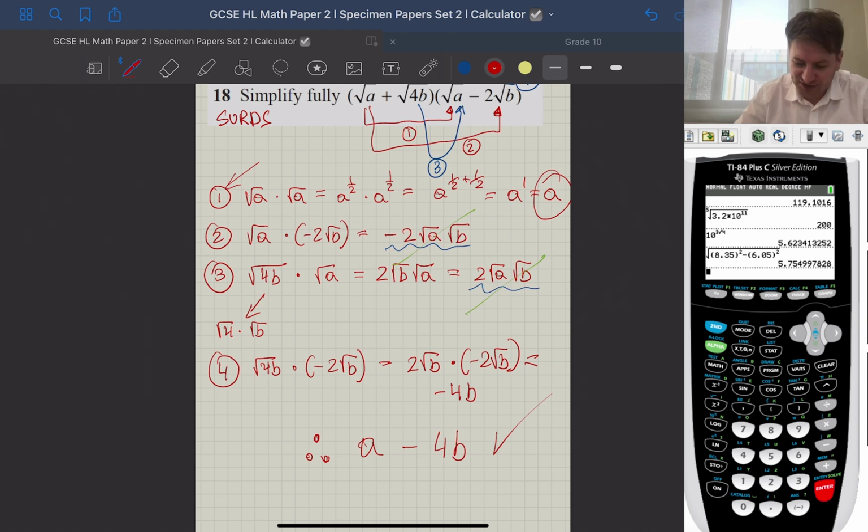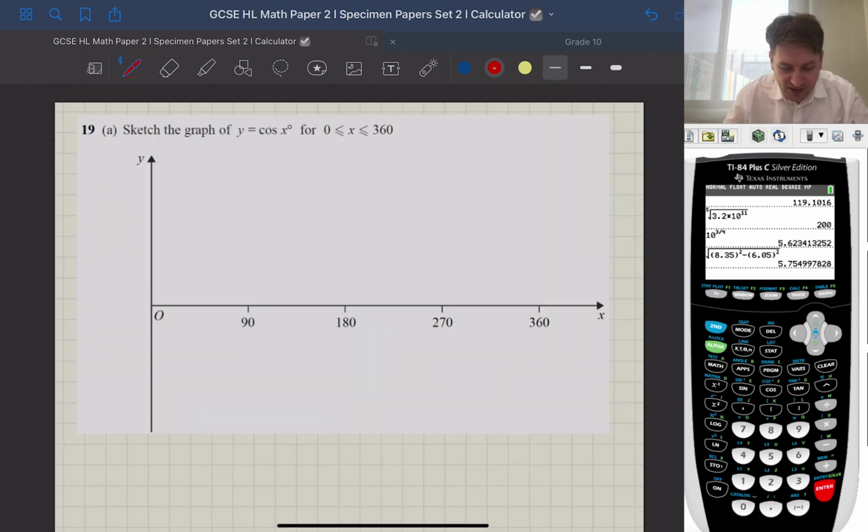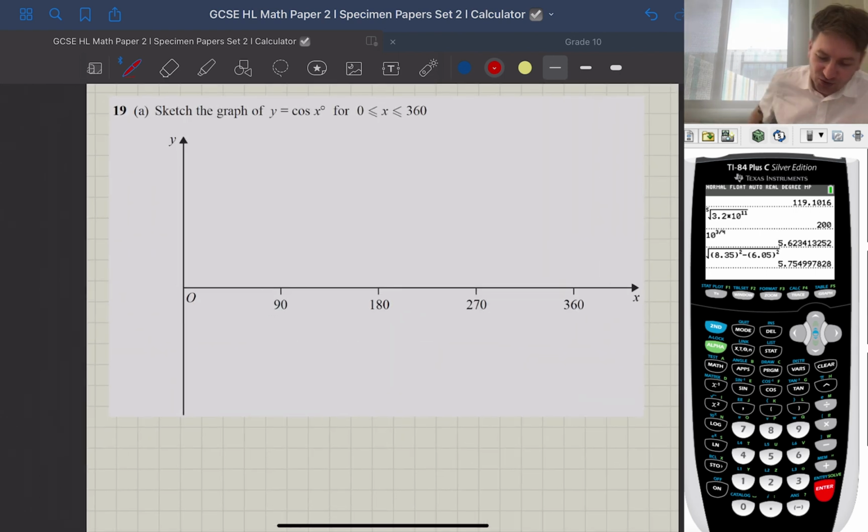Next one. Oh, beautiful. Sketch of y equals cos of x. All right, so unfortunately, this is one of those things that you have to remember. You have to be familiar with your graphs.